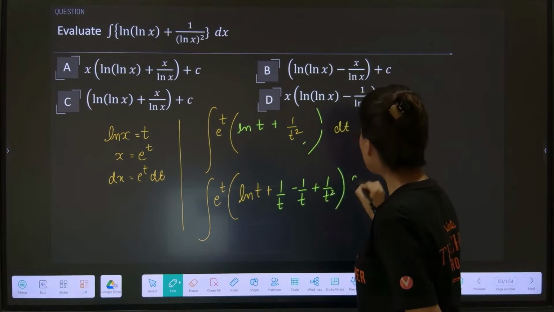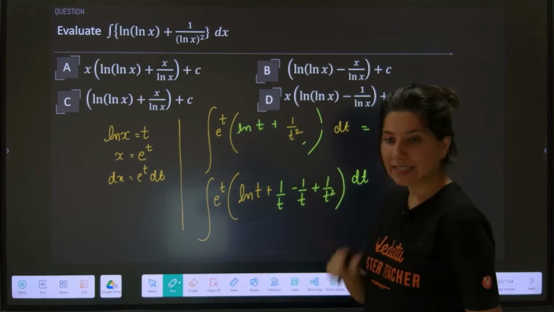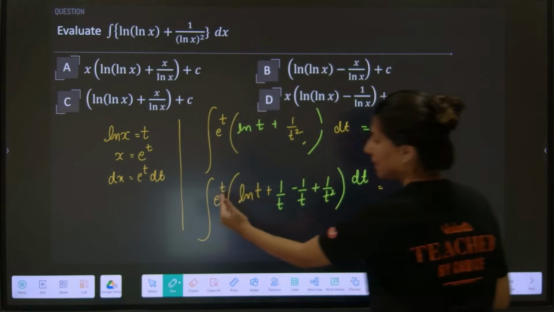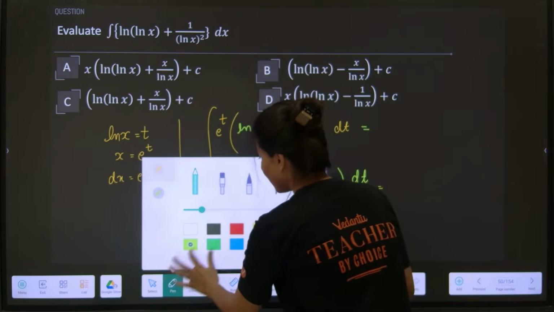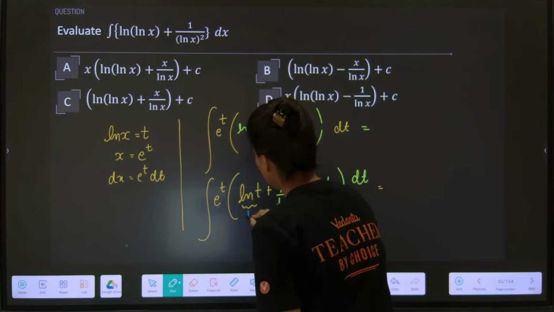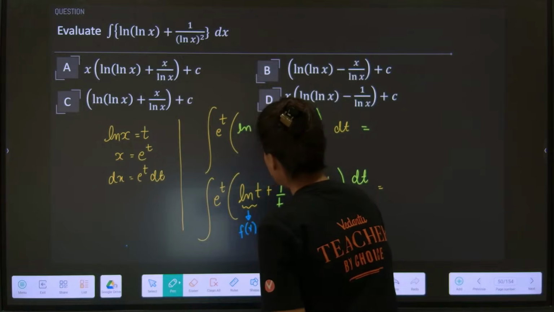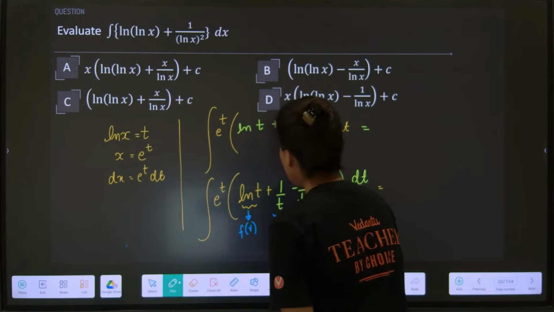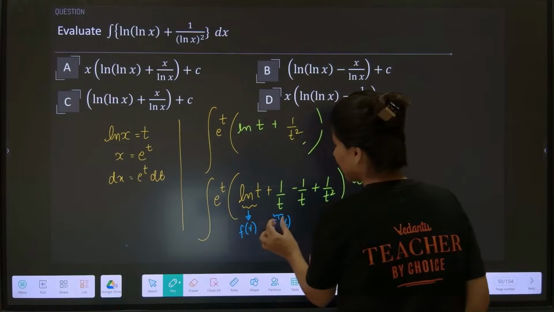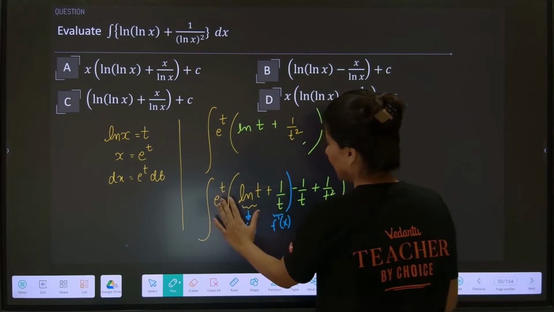Now it will make more sense because two things are getting created. Understand? See, this is e power t. This is your f x. And this is your f dash x. Remember? Two classic integral first formula. So e power t, f x plus f dash x. So this much part is sorted.